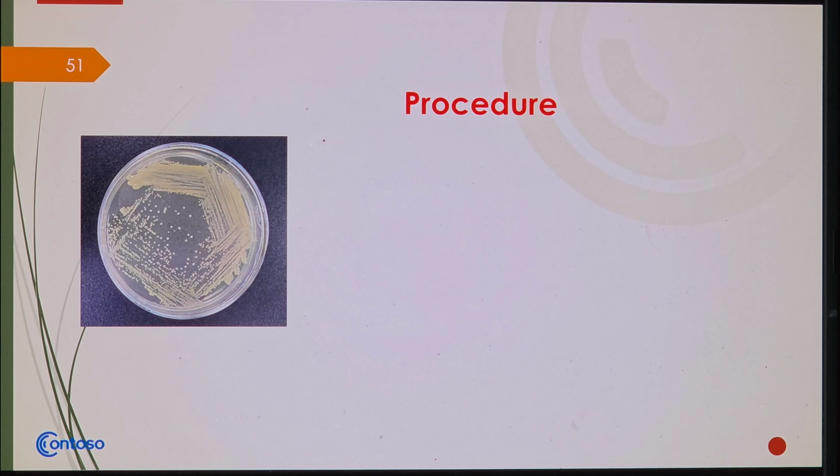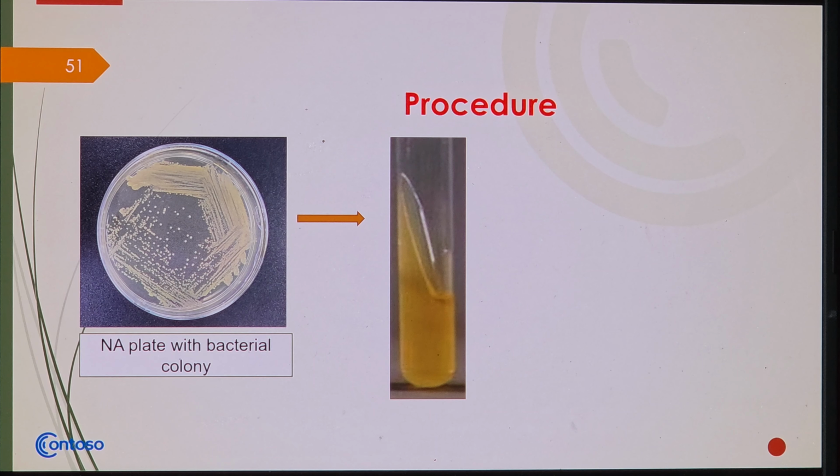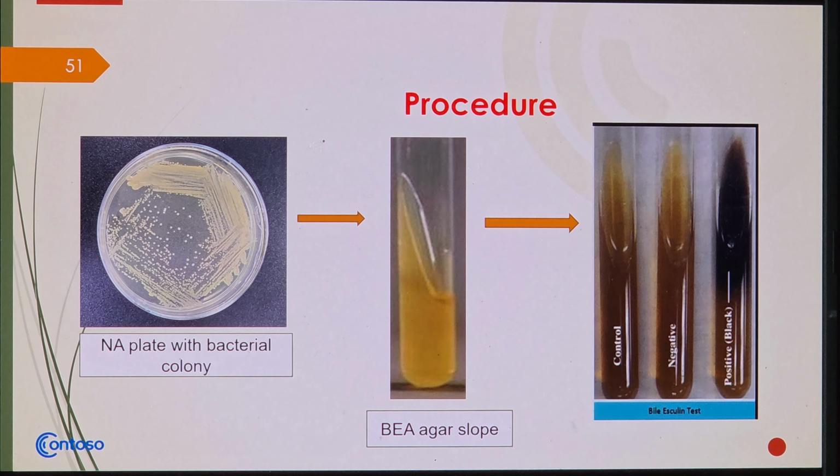Procedure: first the colonies are taken from the nutrient agar plate. Then it is inoculated in the bile esculin agar slope and incubated at 37 degrees centigrade for 24 hours. On the next day, if the medium changes to black color, it is positive. If there is no change in color, it is negative.